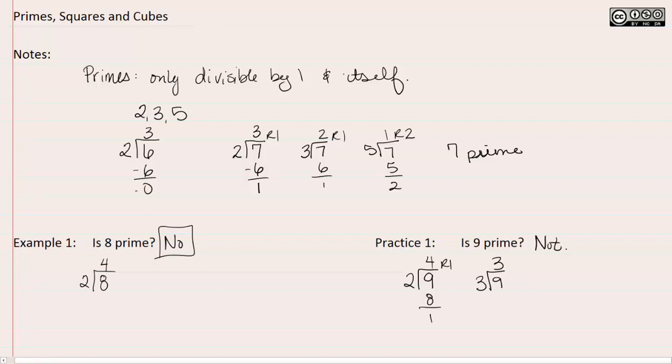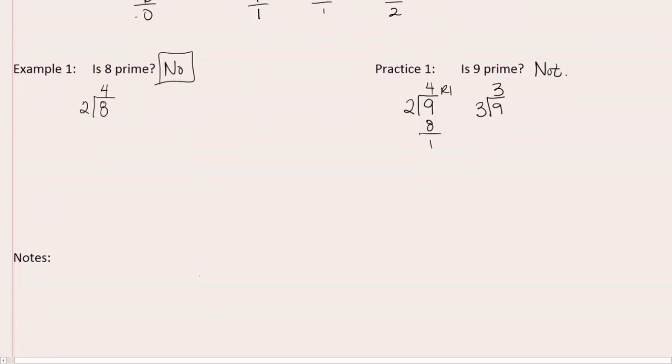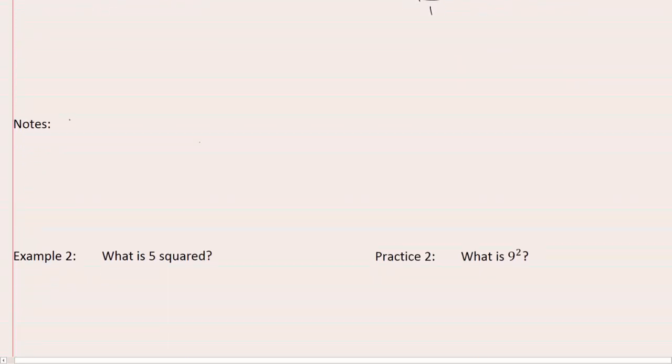Now let's talk about squares. Squares, or perfect square numbers, are just numbers found by multiplying a number by itself. An example would be 2 times 2.